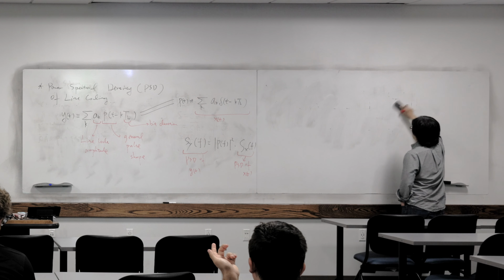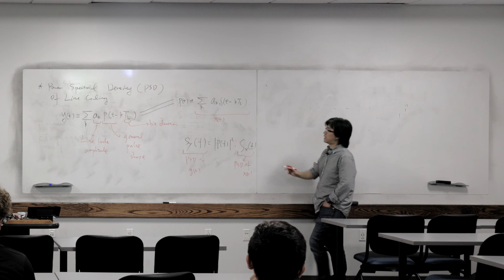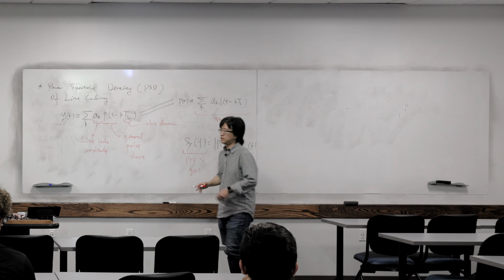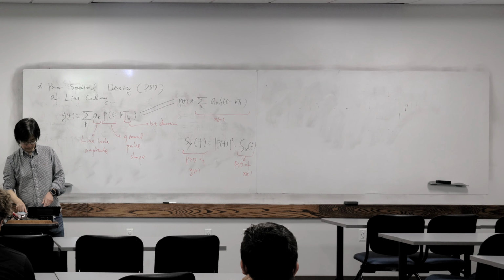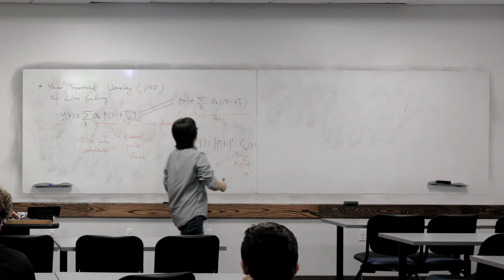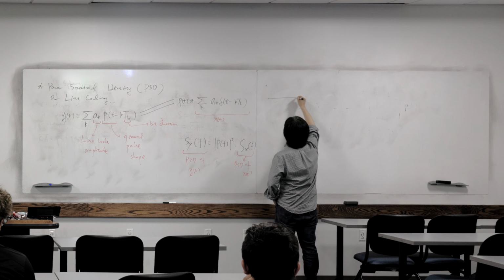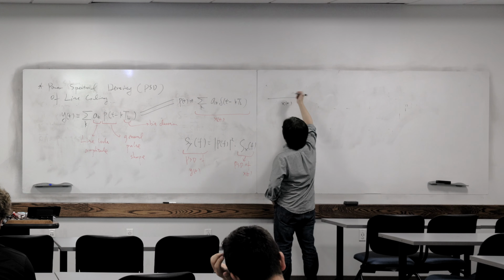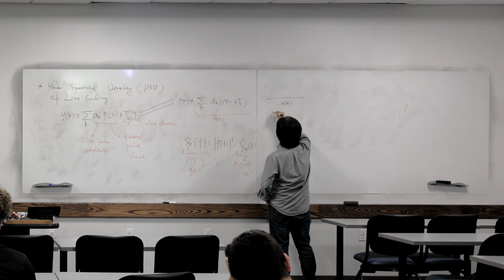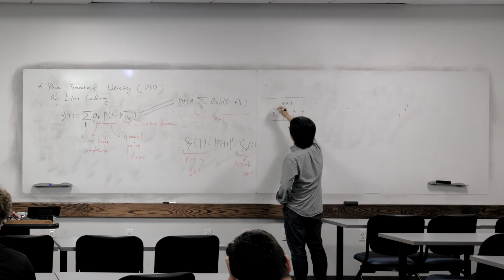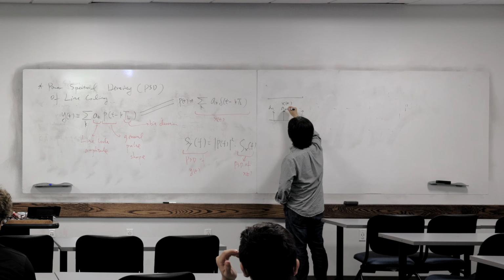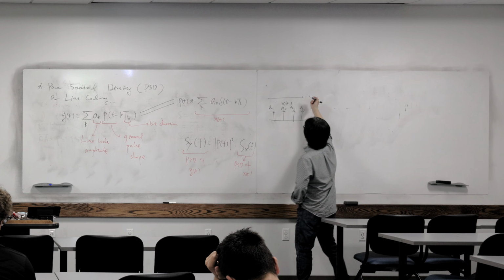In such a system, let's assume our input is x of t, and x of t is nothing but a bunch of impulses, for example a minus 1, a0, a1, a2, and so on.